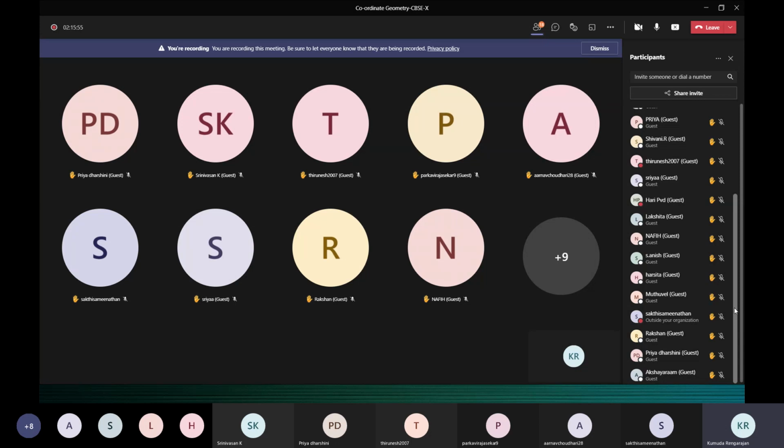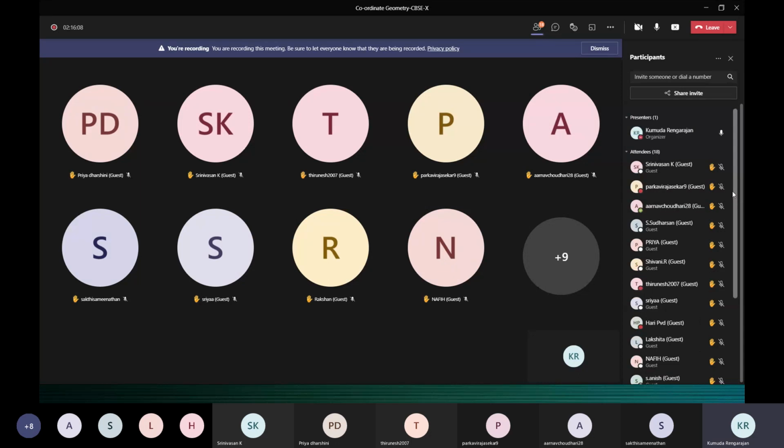So we have Aksharam, Priyadarshini, Dakshan, Shakti, Muttuvel, Harshita, Anish, Nafi, Lakshita, Hariharan, Shriya, Tirunesh, Shivani, Priya, Sudarshan, Arnav, Parkavi, and Srinivasan. So looks like exams are happening. More than 10, I think 8 of us have not joined.